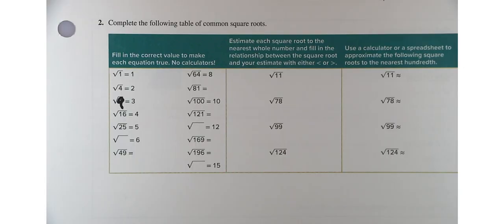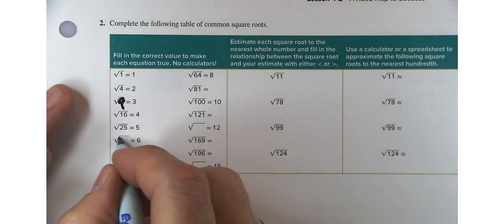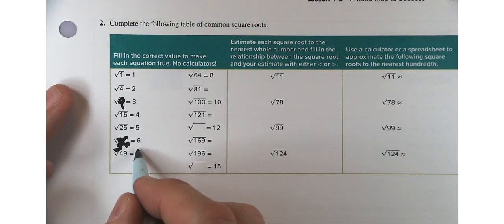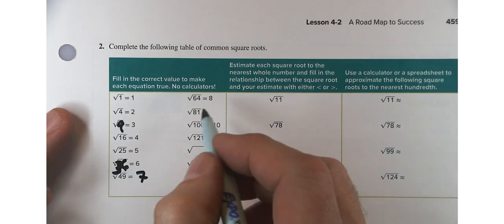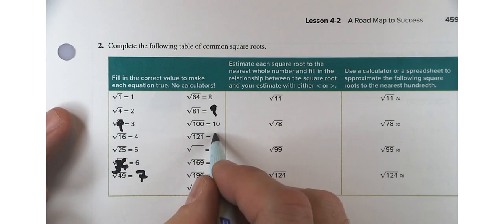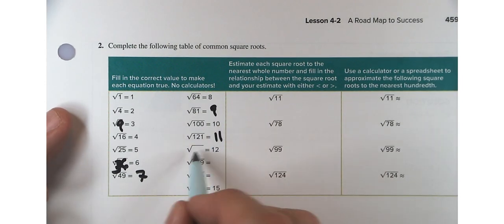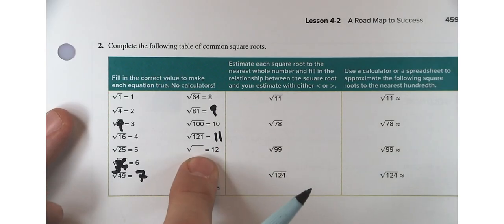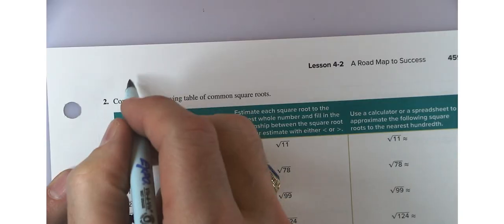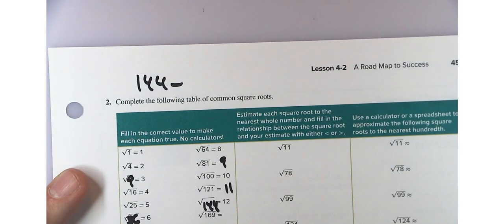36. And square root of 49 would be a 7. What's the square root of 81? Square root of 121? What do you take the square root of to get 12? 144. By the way, does anyone know the name for this word? 144.